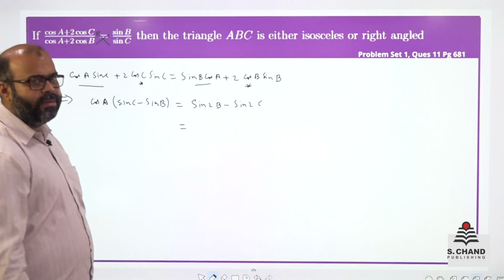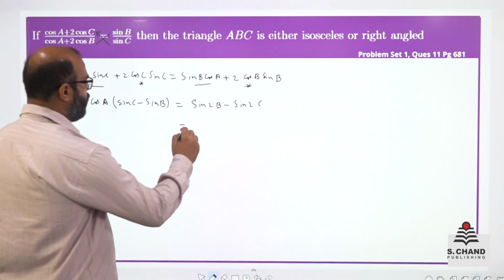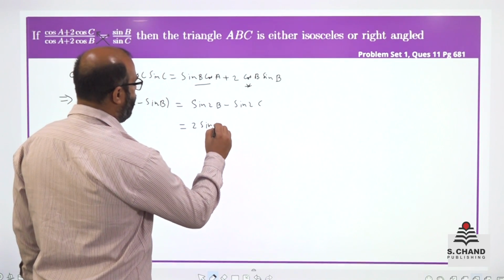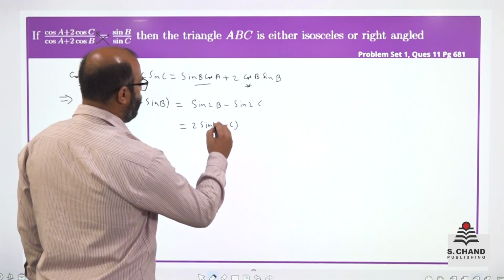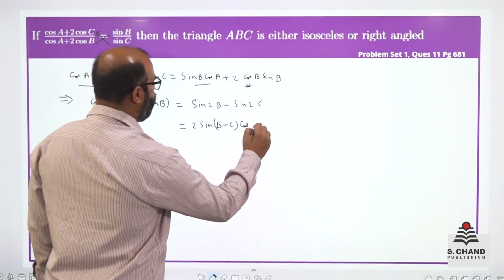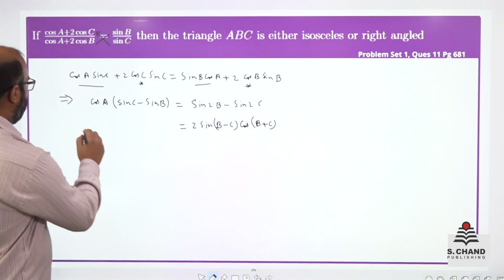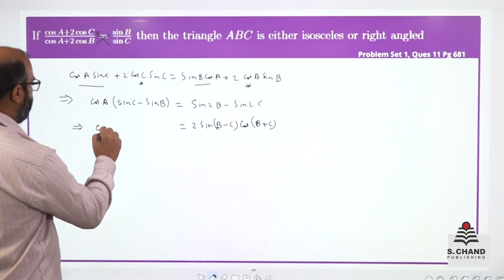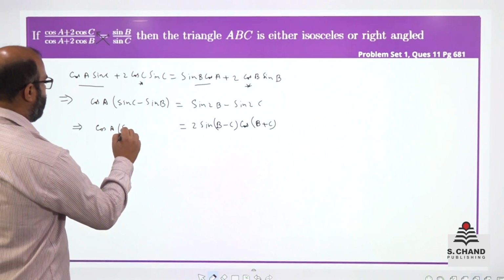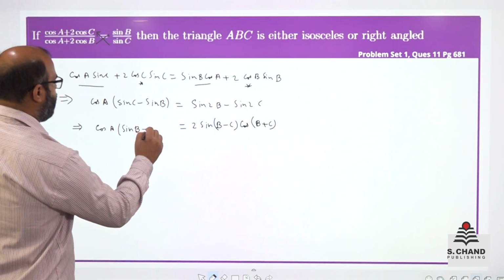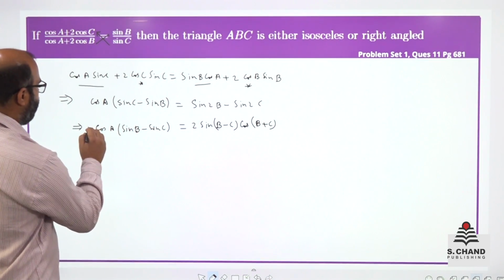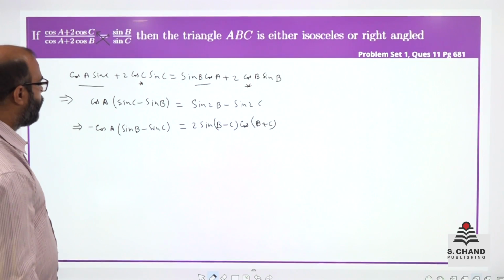Now what is sine C minus sine D? Do you remember, this is 2 sine (C minus D)/2 into cos (C plus D)/2. So it will be (B minus C) into cos (B plus C)/2. So this is cos A into sine B, sine C minus sine B can be written as sine B minus sine C with a minus sign outside.